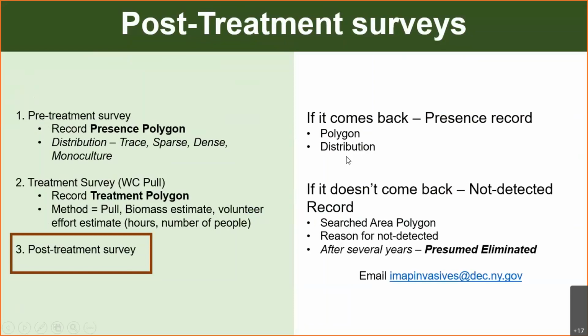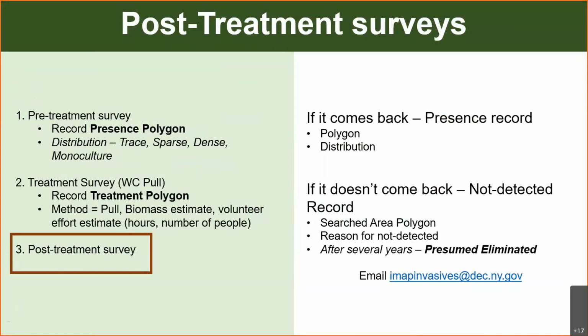If you're lucky and water chestnut does not come back, you could then do a not detected record as your post-treatment survey. And there's an option to select reason for not detected, and so there, you can pick which reason is most applicable. It'll probably have to do with a treatment that you've conducted.